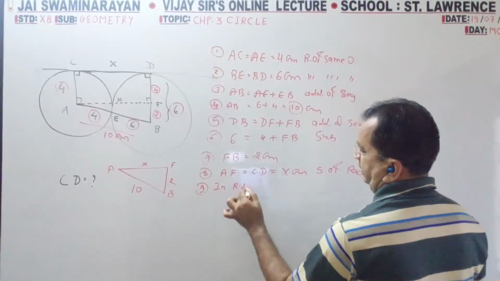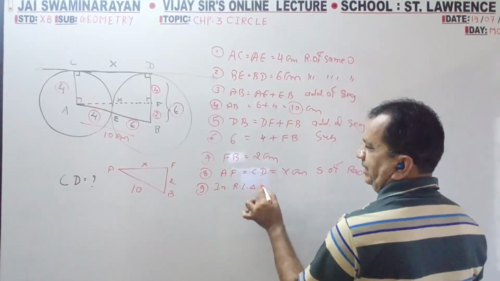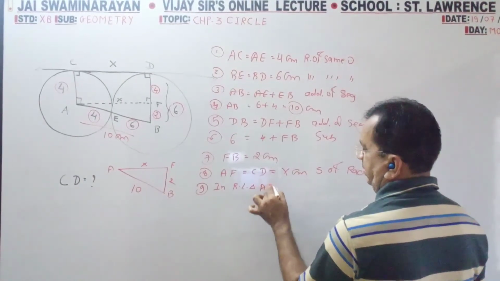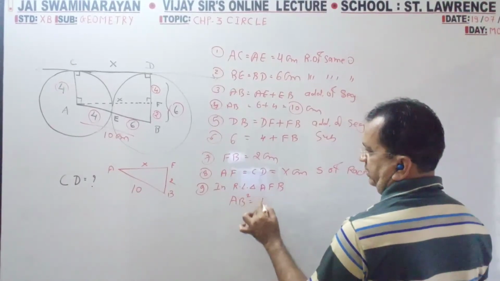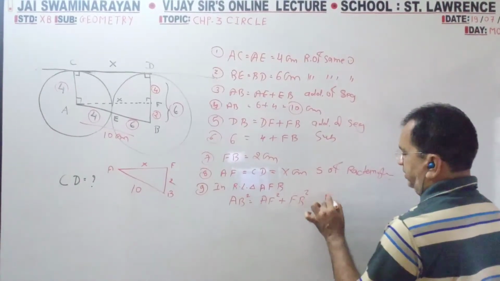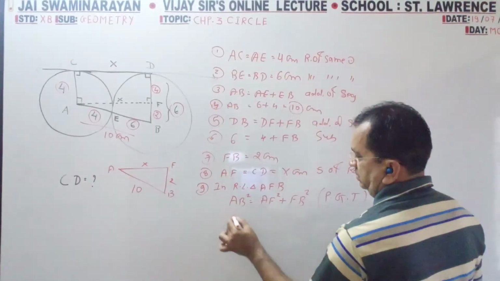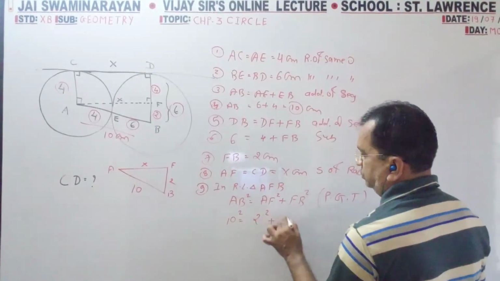In right angle triangle AFB, AB square is equal to AF square plus FB square, Pythagoras theorem. 10 square, 2 square.